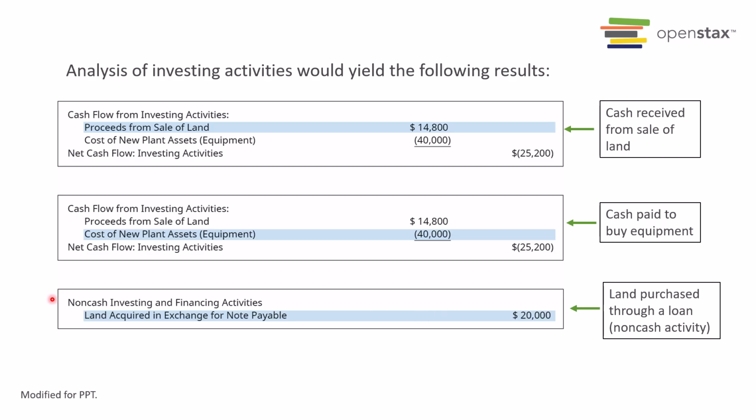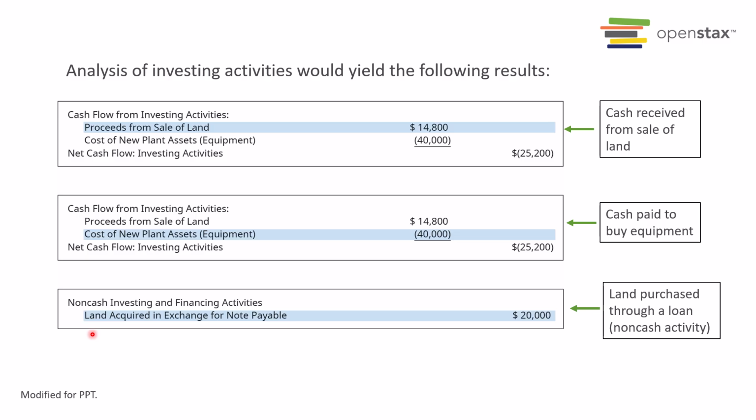And then if you have any non-cash transactions, so we bought land in exchange for a note payable, we received a shed in exchange for a truck, right? Anything where we've had an exchange but there's no cash, we list that at the bottom in the category non-cash investing and financing activities.